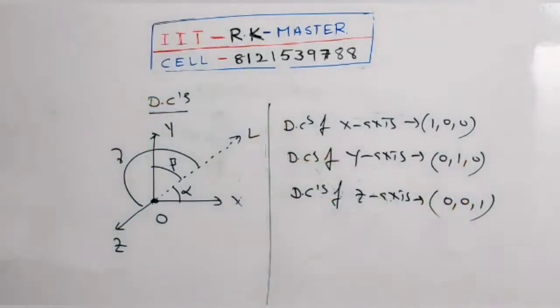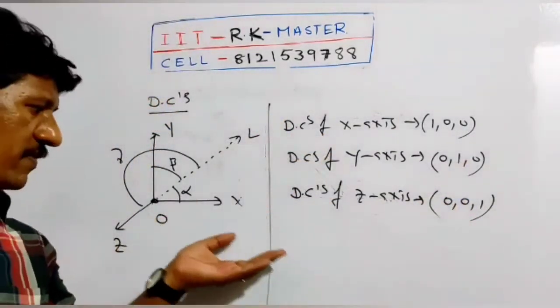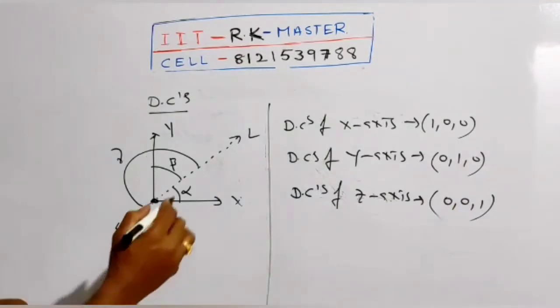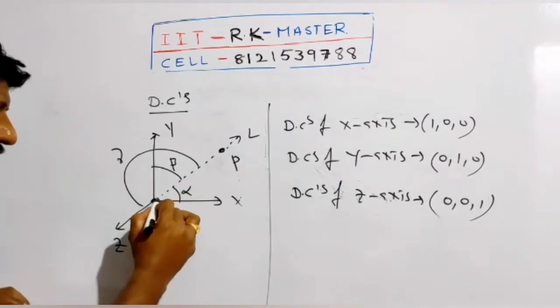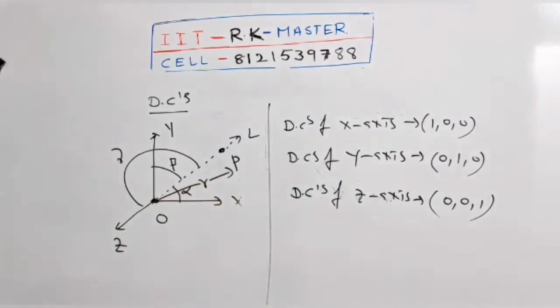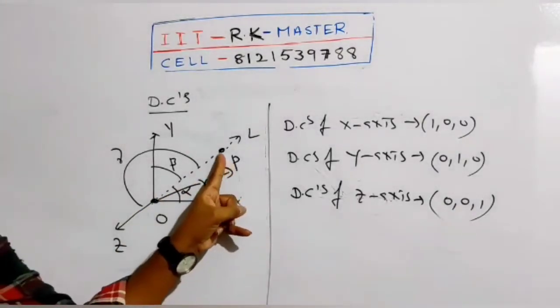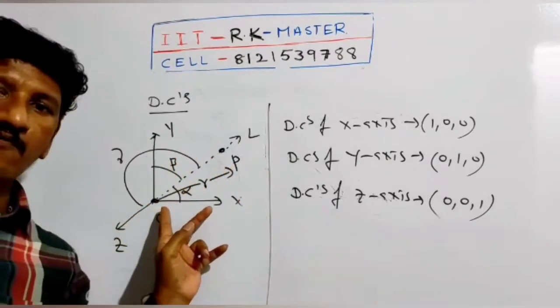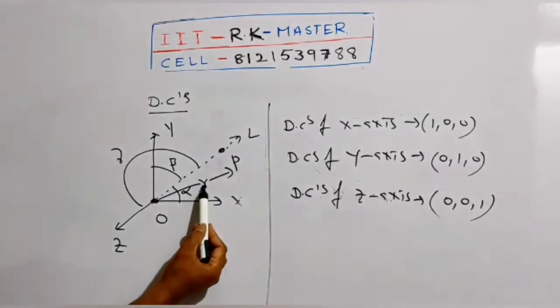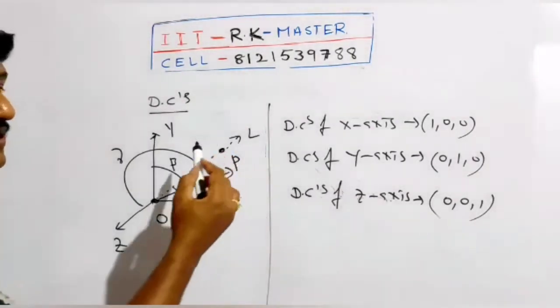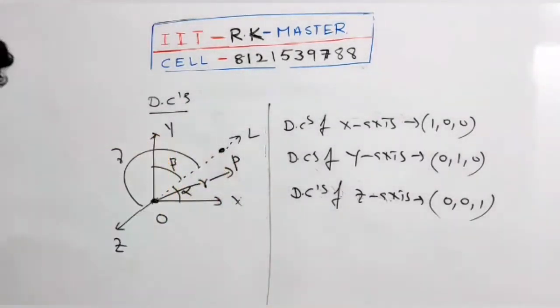Most important points. And one more condition from this figure. See, the point P is at a distance of small r from the origin. So, with the help of this distance and the DCs of this line, we can write the P coordinates.